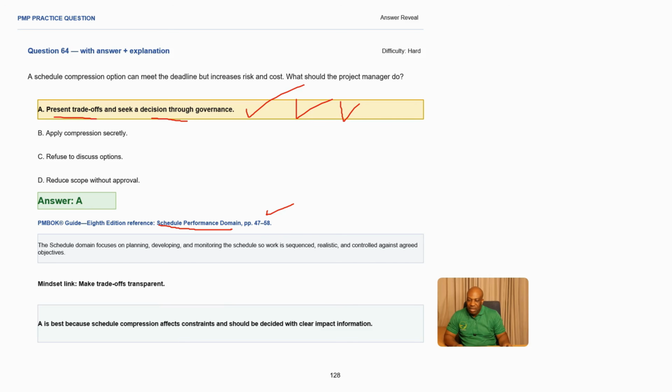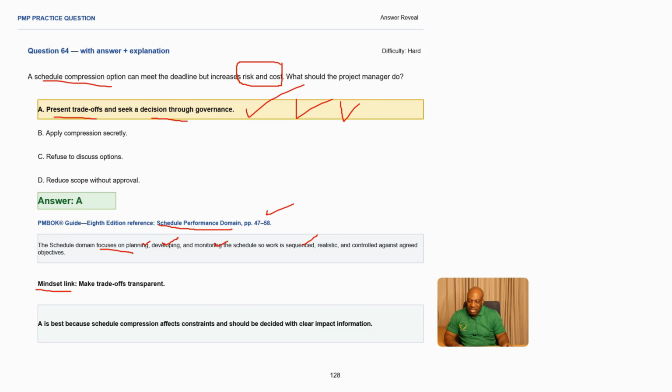All right, and what is our reference? Schedule performance domain, page 47 to 58. What does it say in terms of the schedule domain? It focuses on planning, development, monitoring, and also sequencing. So this is schedule compression, okay, but it's going to result in high risk and also cost. So what is the mindset?